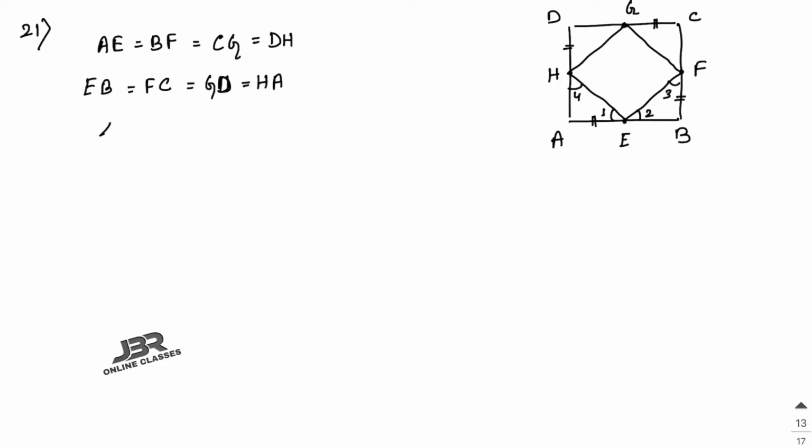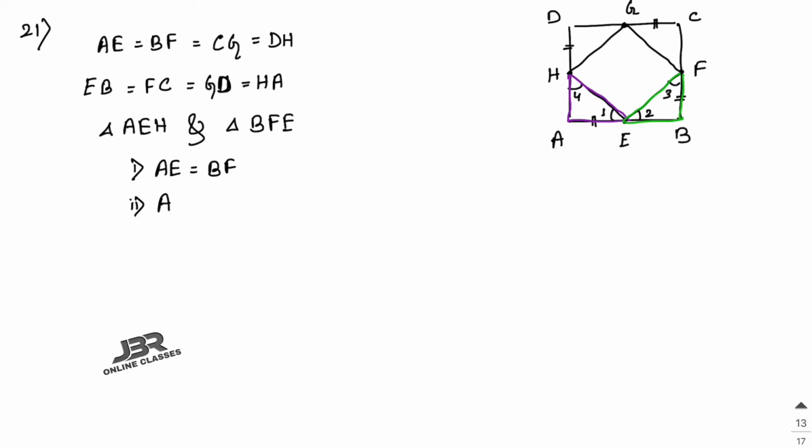So now here in the triangle AEH and the triangle BFE. Okay, AEH and BFE, that means this purple one and this green one. So from these two triangles, the first condition here, AE is equal to BF.